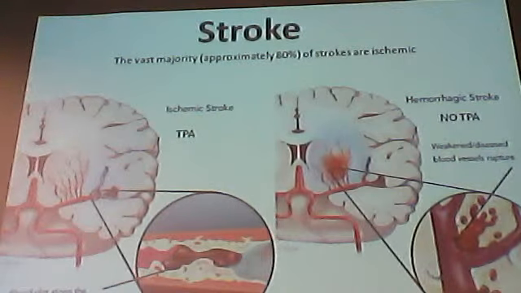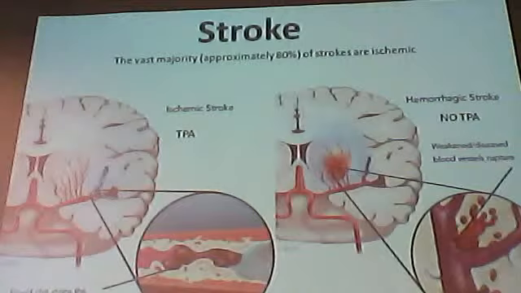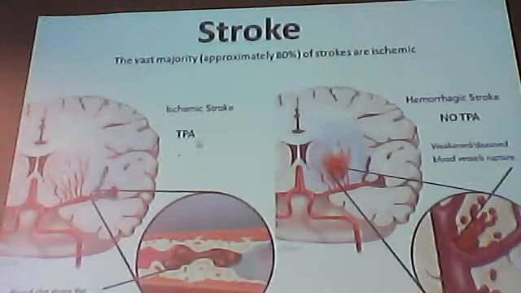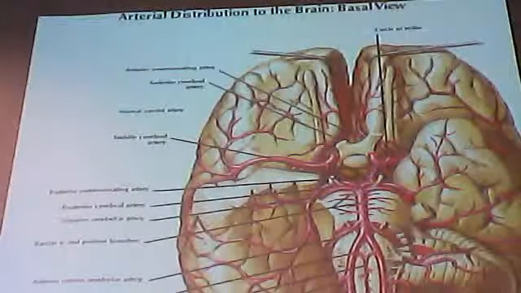But if you give TPA to someone who has a hemorrhagic stroke, so bleeding out, then you cause them to not be able to clot, and they bleed too much. So for ischemic strokes, TPA is good. For hemorrhagic, don't use TPA. What would you use for the hemorrhagic?